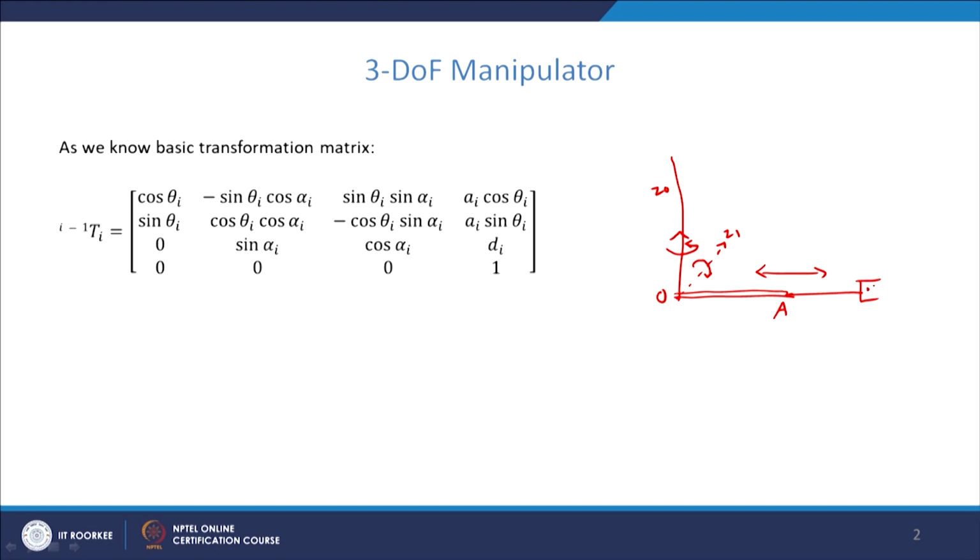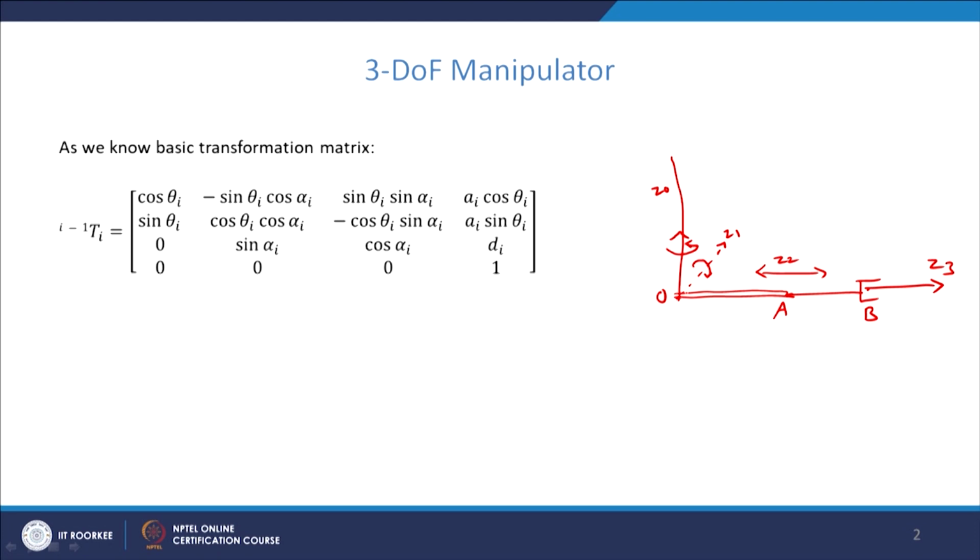The end effector is the point B, the axis, the approach direction we call it as, this axis is Z2 and the approach direction is Z3. So, according to the DH procedure, the axis of rotation and the sliding direction, these are the Z axis to be fixed at each joint.